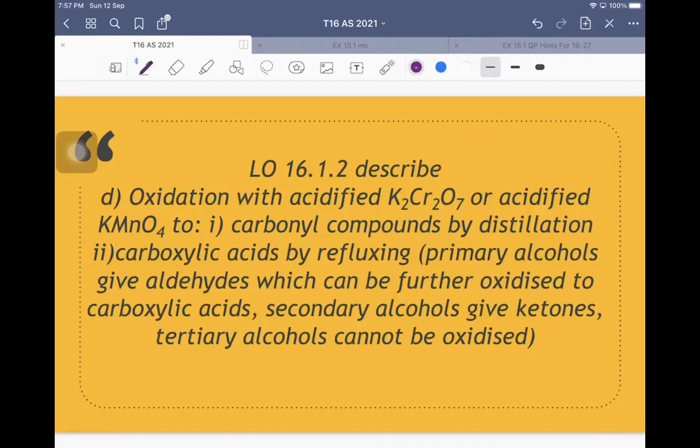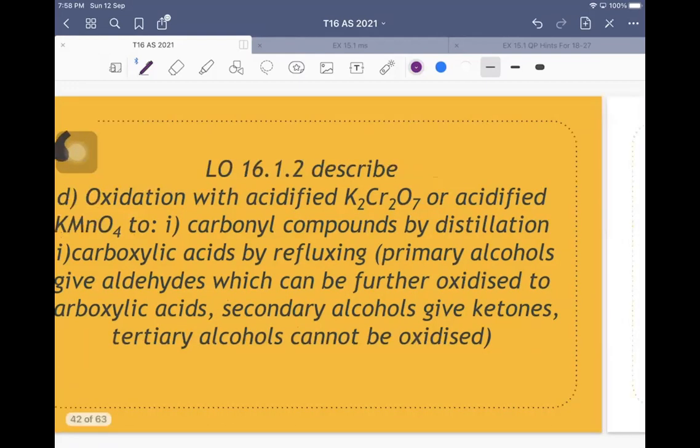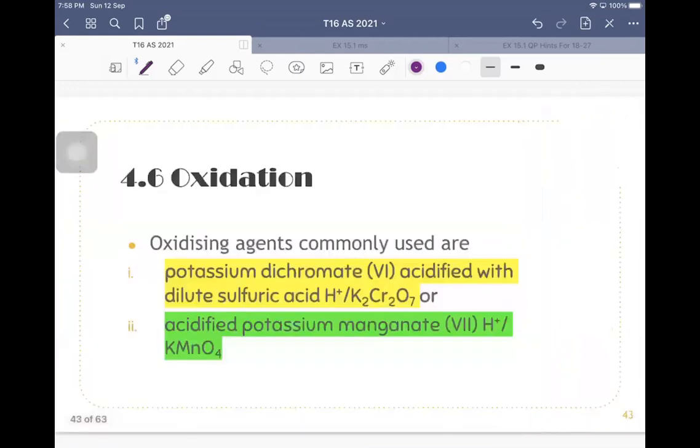They are both oxidizing agents and have the same function, that is to oxidize your alcohols whenever they can be oxidized. However, the observation will be different because the starting color and end color are different. I'll explain about that later on, okay?